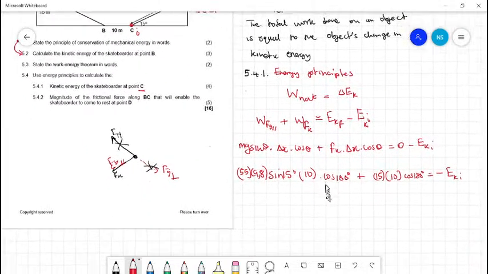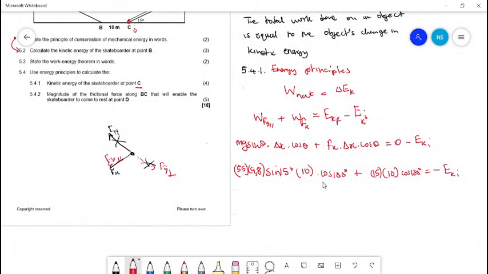And then now you need to get the value of Ek initial. So if you press your calculator and check the value of 9.8 sine 15 times 10, and then plus 15 times 10, the value of Ek initial will give us 1545.03 joules.